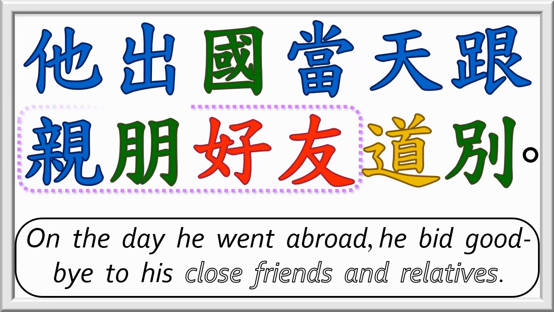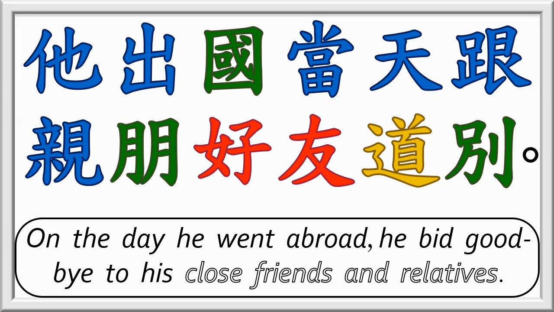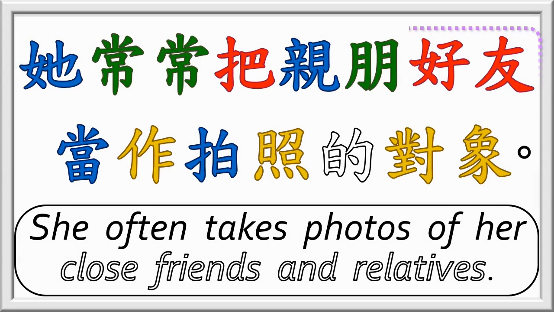亲朋好友 is an expression describing close friends and relatives. 他出国当天跟亲朋好友道别. On the day he went abroad, he bid goodbye to his close friends and relatives. 他常常把亲朋好友当作拍照的对象.